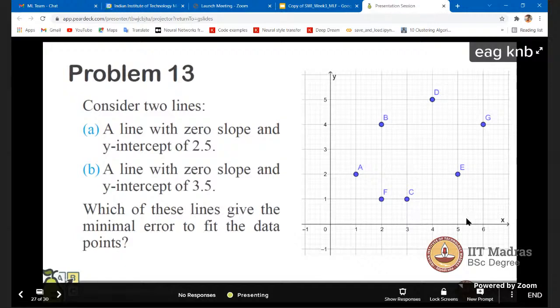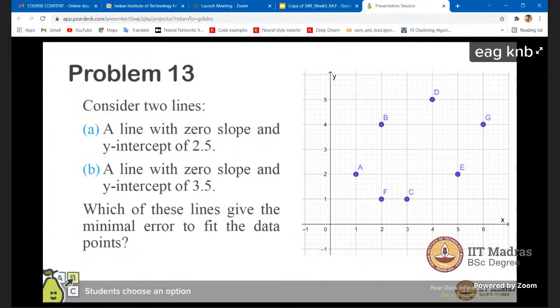Here you have the data points, in the order A, B, C, D, E, F and G. Tell me which line gives you the minimal error to fit the data points. You have to form the line equation, and based on the line equation you have to find the error to fit these data points.